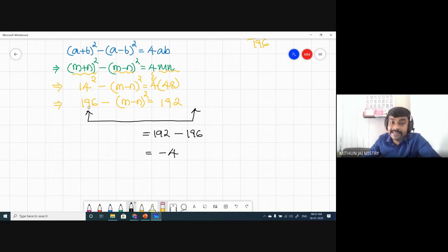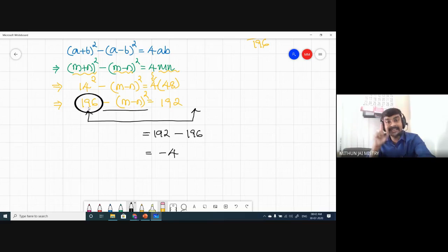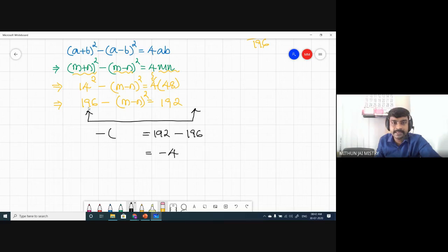Now, when 196 is going to the right hand side, you can see that minus m minus n whole square is left in the left hand side, all alone. So here we will have minus m minus n whole square. If you're getting minus on both sides, you can cancel.